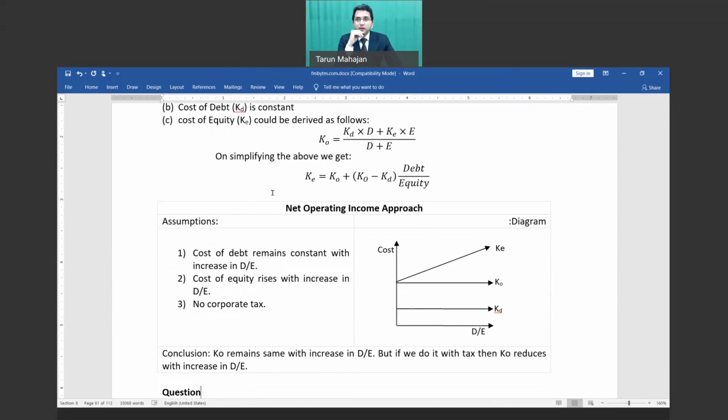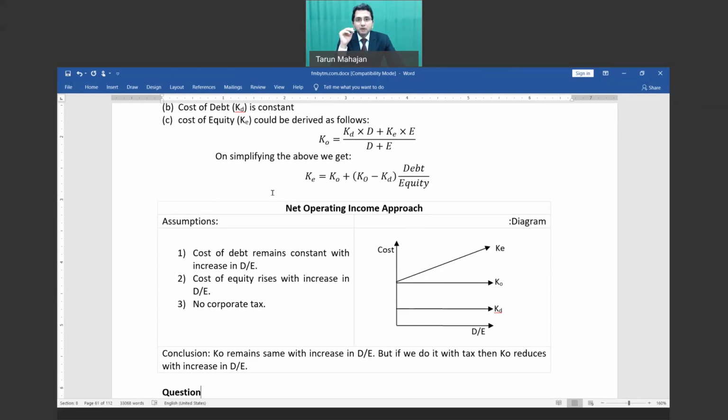When debt is cheaper and equity is expensive, KD and KE remain constant. So when I increase the proportion of the cheaper source, my overall cost should come down. Why is the net operating income approach saying that it will remain the same? The reason is quite simple.